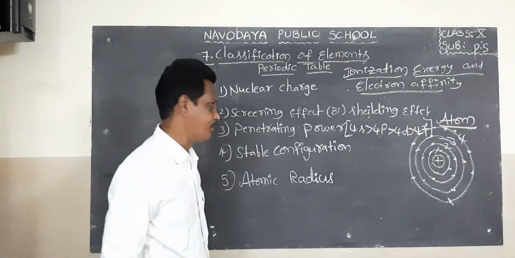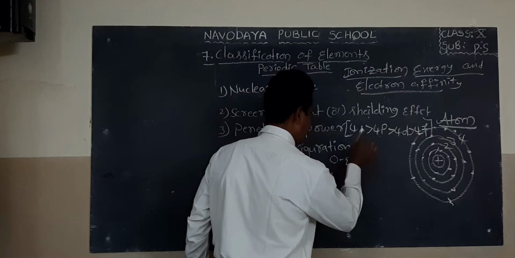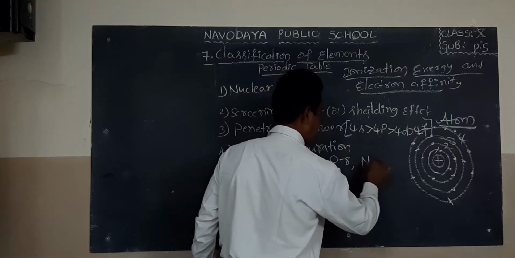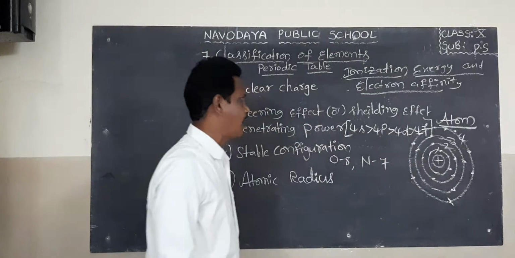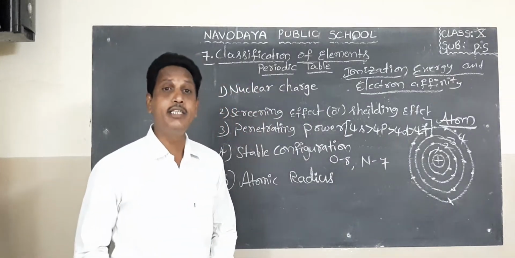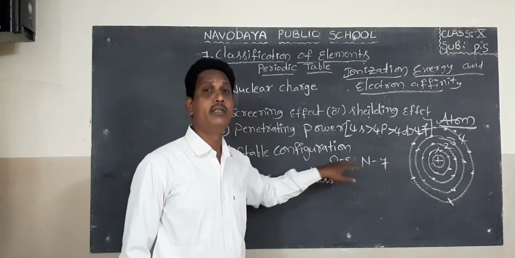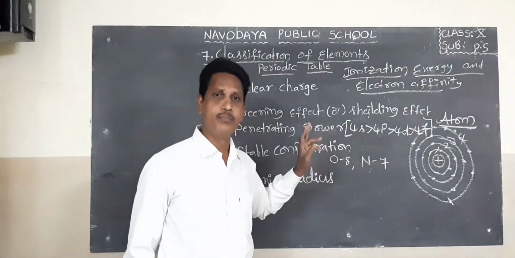Stable configuration. For example, oxygen atomic number 8, nitrogen atomic number 7. It is easy to remove an electron from an oxygen atom than from a nitrogen atom.